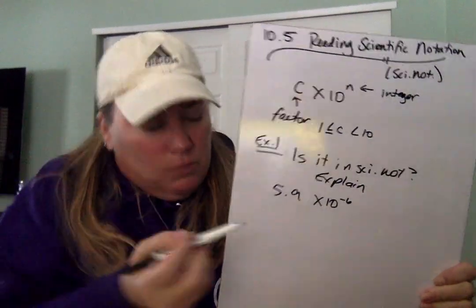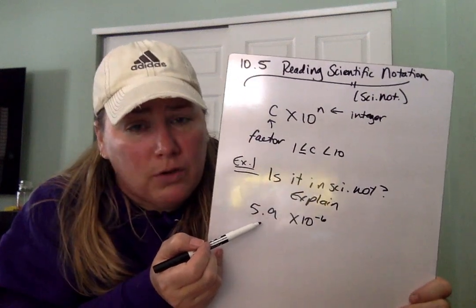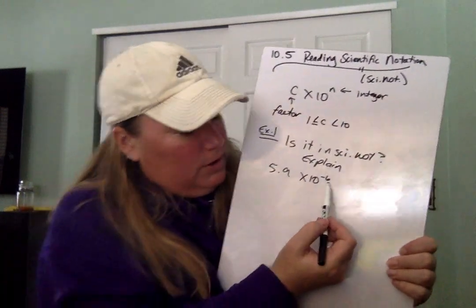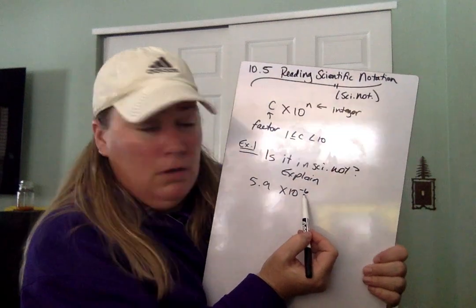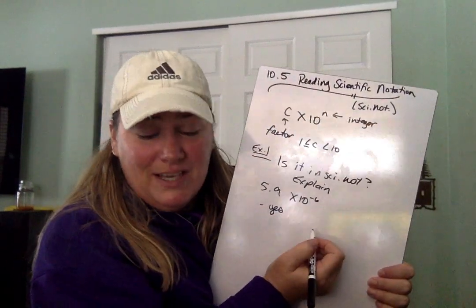Now, when you look at this, you want to look at your factor C. Is this number less than 10 and greater than or equal to 1? And yes, it is. But then you also have to look at this power to make sure it's a positive, a negative, or a 0. And it is. So therefore, yes, it is in scientific notation.